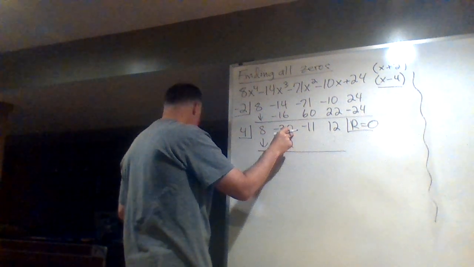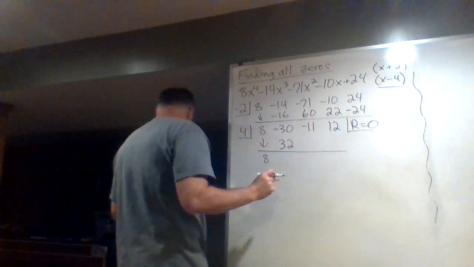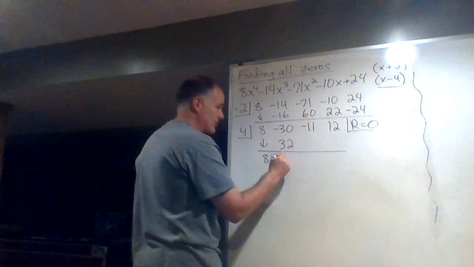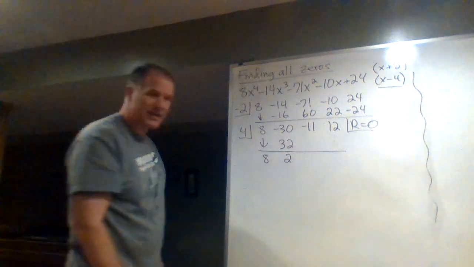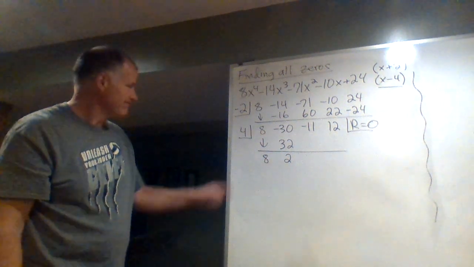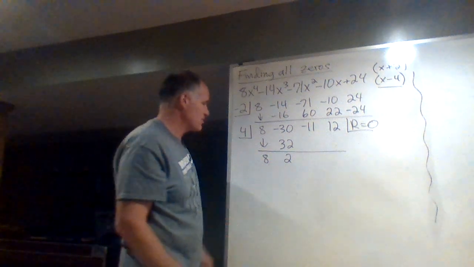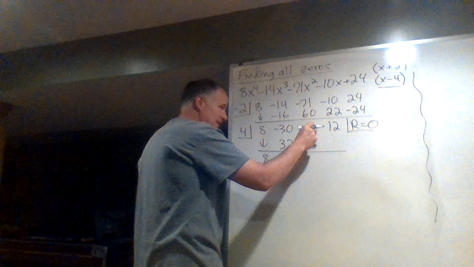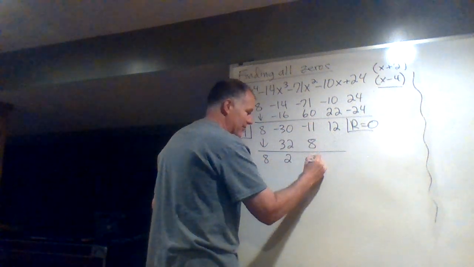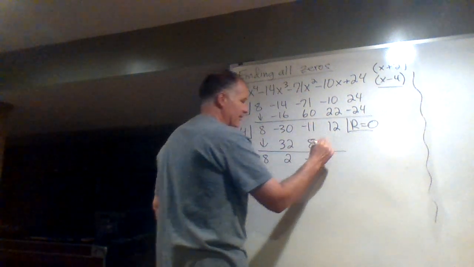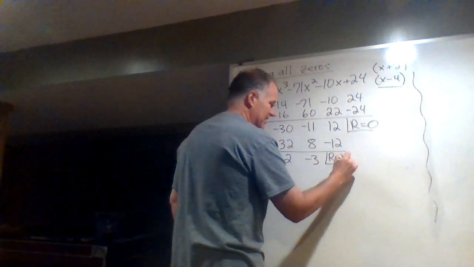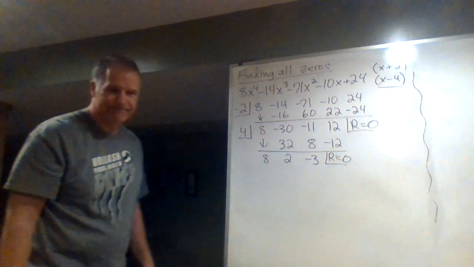Negative 30, positive 32, positive 2. Okay, 4 times 2, 8. Negative 11, positive 8, negative 3. 4 times negative 3, negative 12. Boom. There is our remainder, 0.